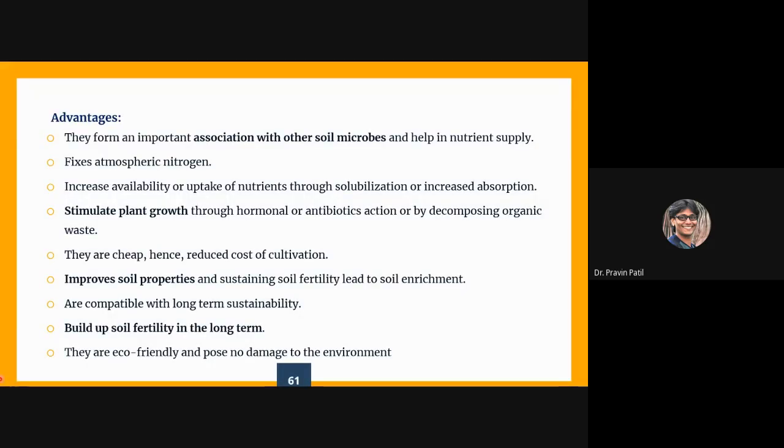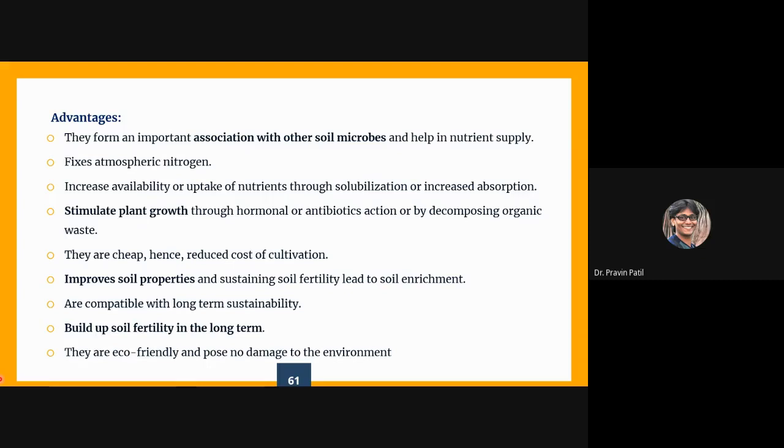Then let's now talk about the advantages. As we have already discussed the advantages, let's briefly go into this. The association with other soil microbes is very important. What biofertilizers do is attain microflora enrichment. They get associated with the surroundings and form a symbiotic association which is naturally occurring and ultimately helps the whole thing grow.